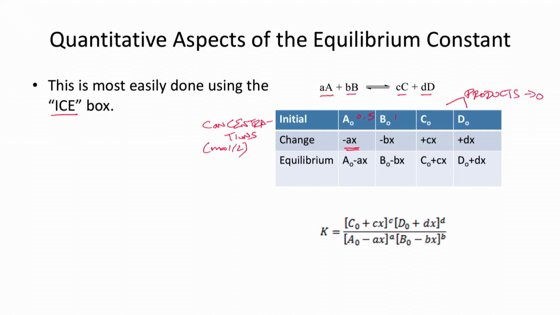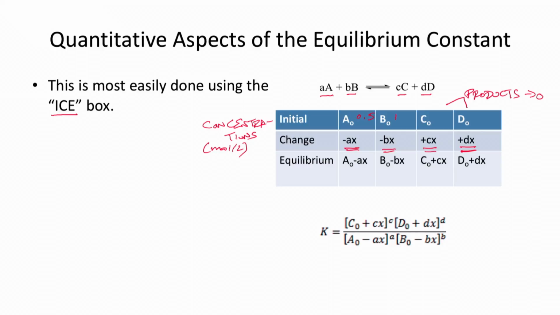Okay, so that's what I've got here. Similarly, for the other reactant, B, that's going to go down by minus bx, because the coefficient in front of the B was little b. Now, as far as the products go, the products are going up, right? Their concentrations are increasing. So I'm going to make this go up by a certain amount, which I'm going to call cx for C and dx for D.